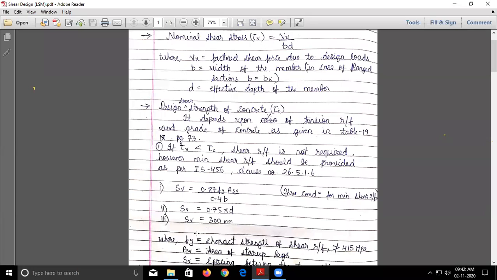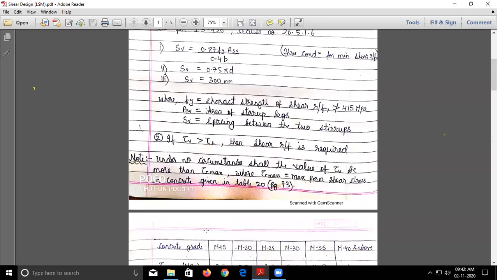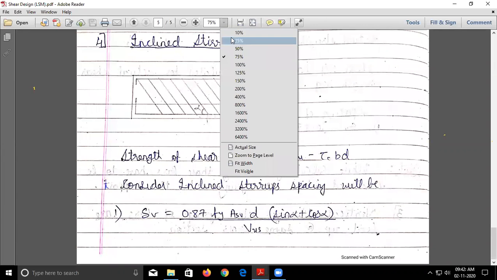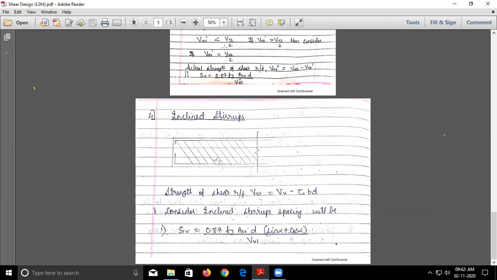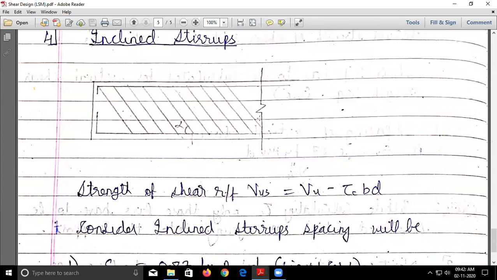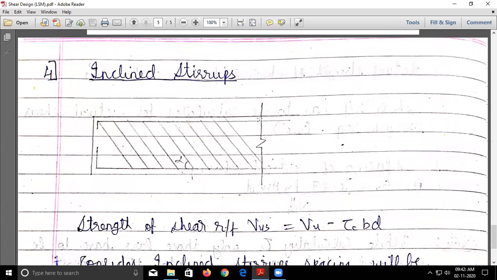Design the shear reinforcement for a beam of span 6 meters, subjected to an ultimate load of 60 kilonewton per meter.